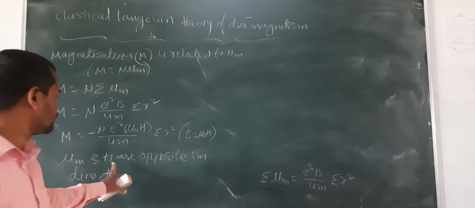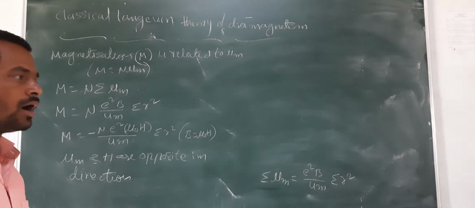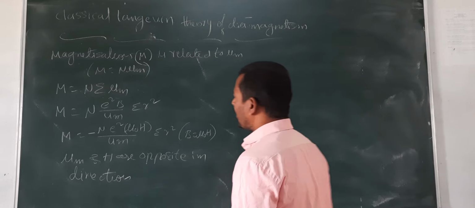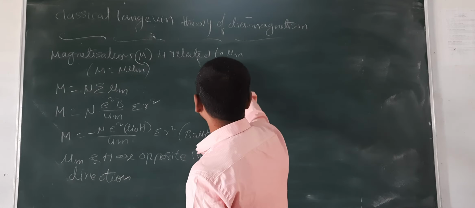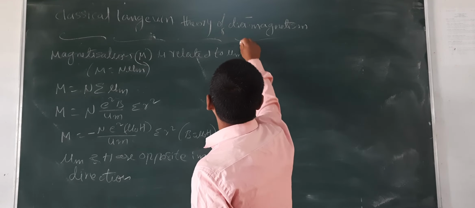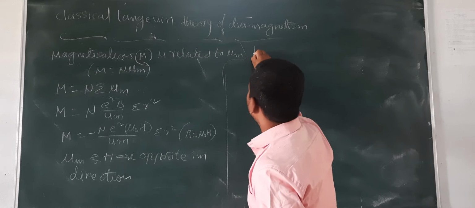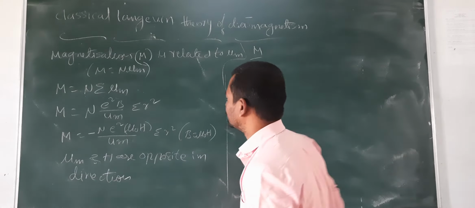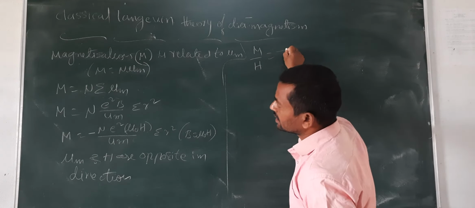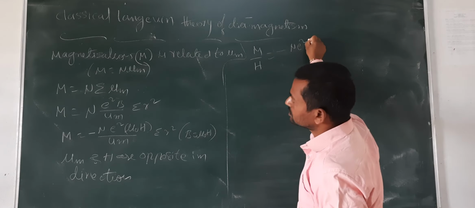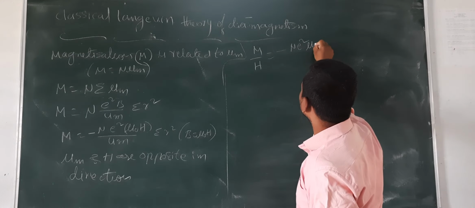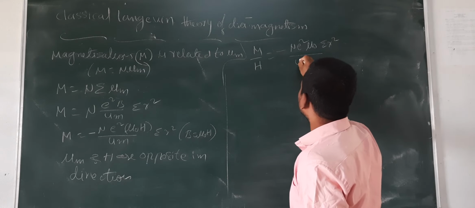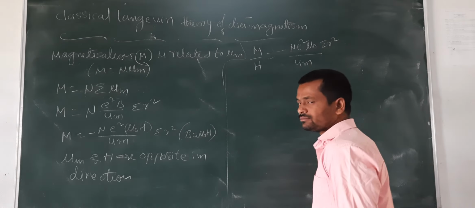Minus is because H and mu m are opposite in direction. Now bring this H to this side. M by H. If you bring H to this side, it becomes division. M by H is equal to minus n e square mu naught summation r square by 4m. Right?